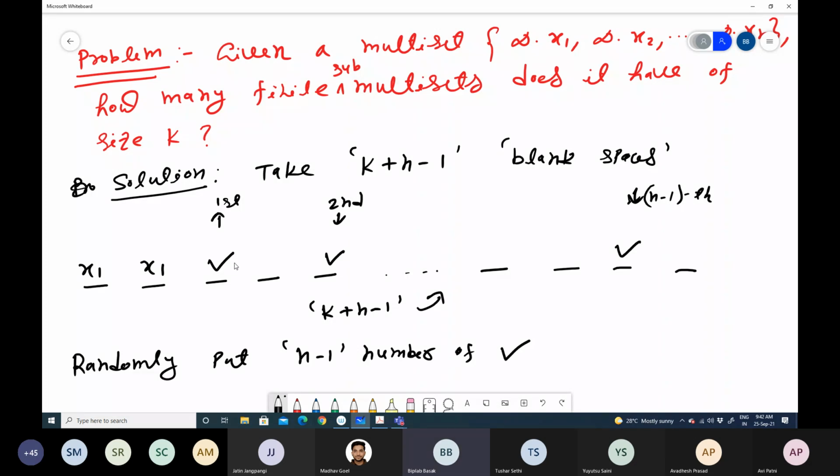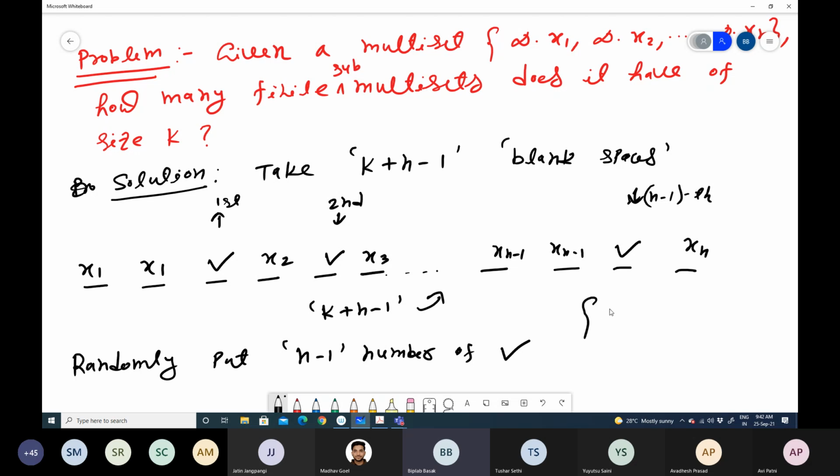From the first to the second, if there are some blank spaces, we will write x2; if there are none, we will not write anything. Then the remaining, x3, we don't know what it is. Before that check, we will write x n minus 1, and after the n minus 1 check, we will write only xn. Okay, so we are getting a multi-set.